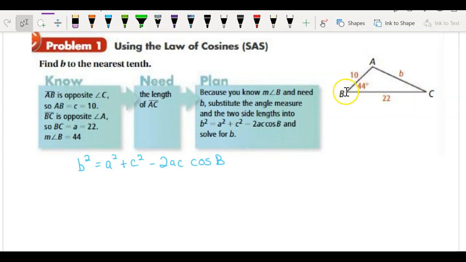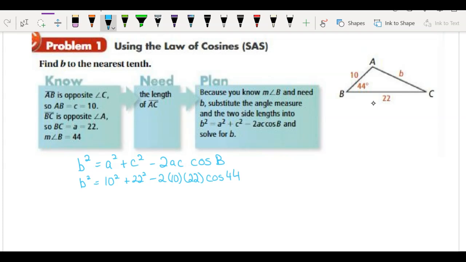Okay, let's start with 10. B squared is equal to 10 squared plus, what's my other side? 22 squared, minus 2 times my A value, which we decided was 10, times 22, times the cosine of angle B, which happens to be 44.